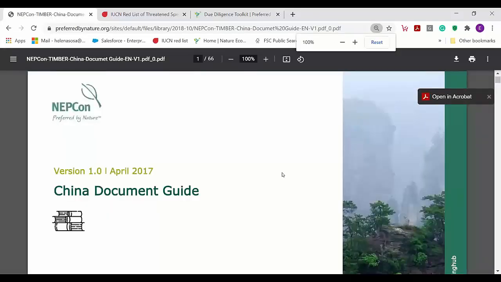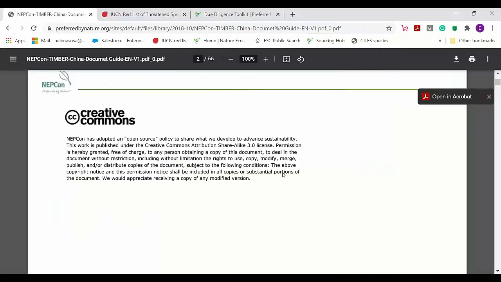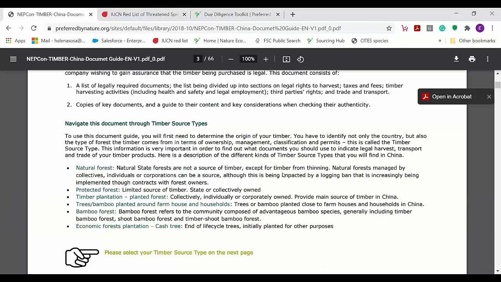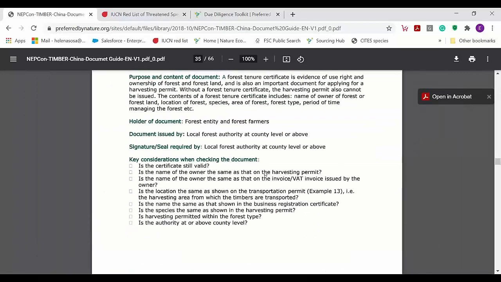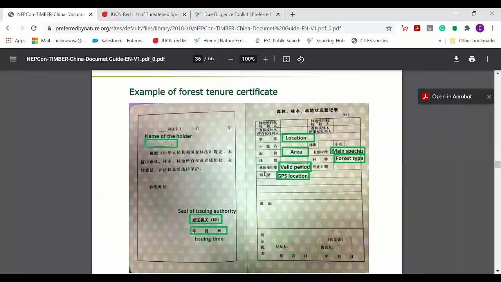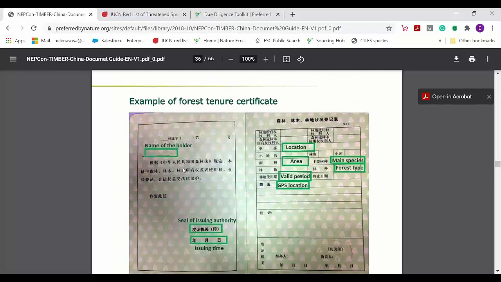Here we are. And here it will give you examples of what a forest tenure certificate looks like. This is the kind of information you should look at, etc.